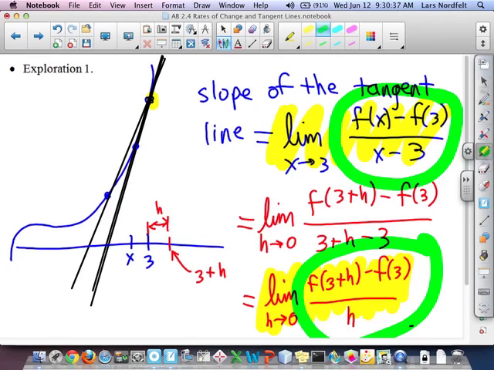Because you do the change in the y, the change in the function, the difference in the f values, divided by the difference in the x values. So when I evaluate the limit as x goes to 3, or as h goes to 0, then I'm really finding the slope of the line tangent to the curve at the point 3.